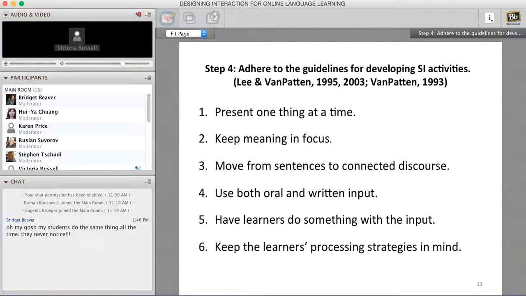The final step in creating structured input activities is to adhere to the guidelines from Van Patten and Lee and Van Patten. The first is to present one thing at a time, to keep meaning in focus, to move from sentences to connected discourse, to use both oral and written input, to have learners do something with the input, and to keep learners' processing strategies in mind.